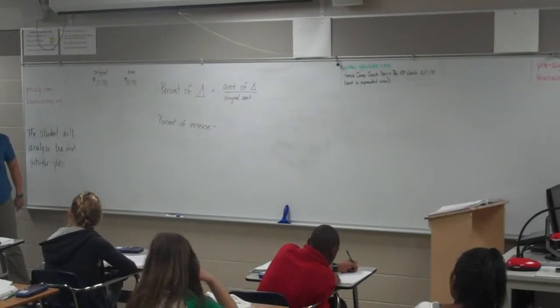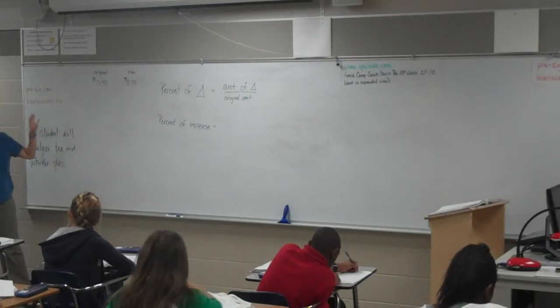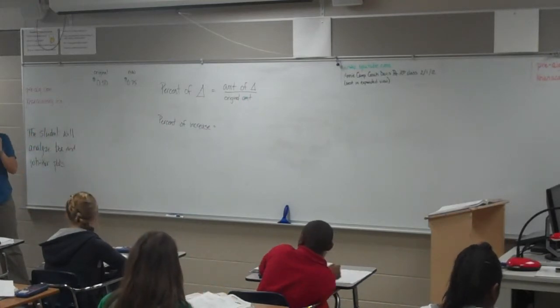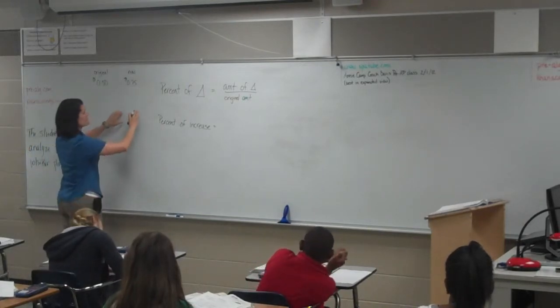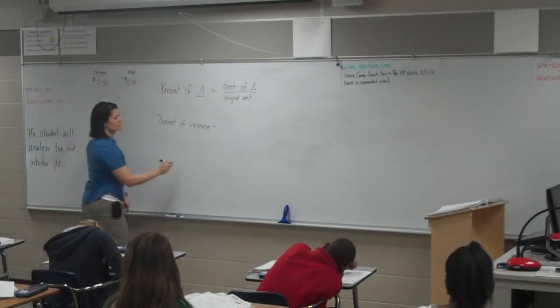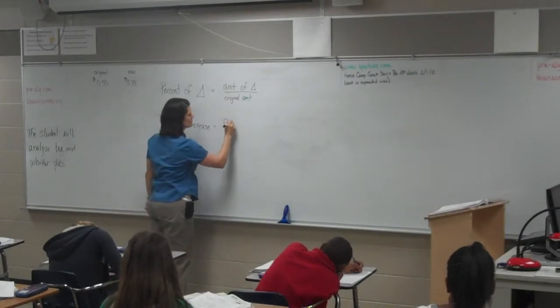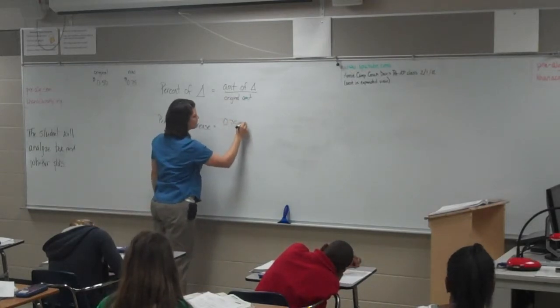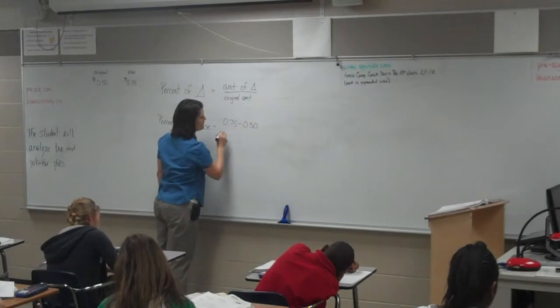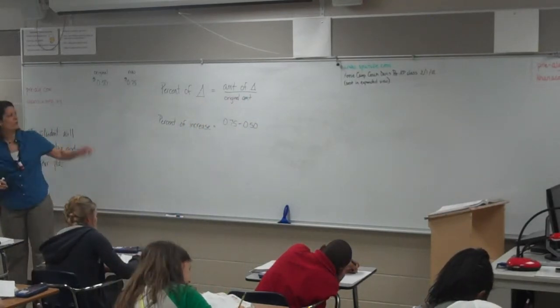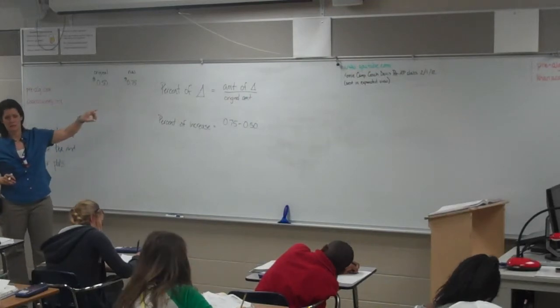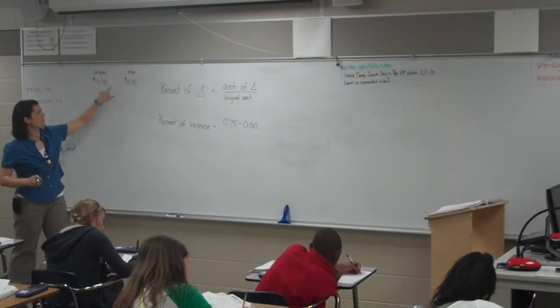When you are looking at percent of change, all you want to do is take the bigger number, which in this case is the new amount, and subtract the smaller number, which is the old amount. So the amount of change, we went from 50 to 75 cents.